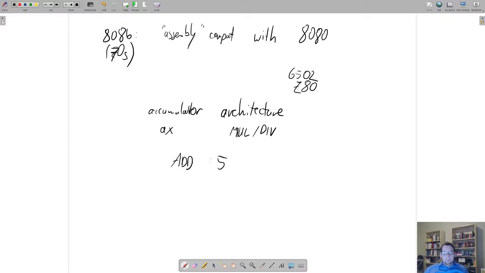You wouldn't even have a destination because everything would just go through the accumulator. That's where a lot of this stuff comes from. These 8-bit CPUs were influenced by that kind of thing.